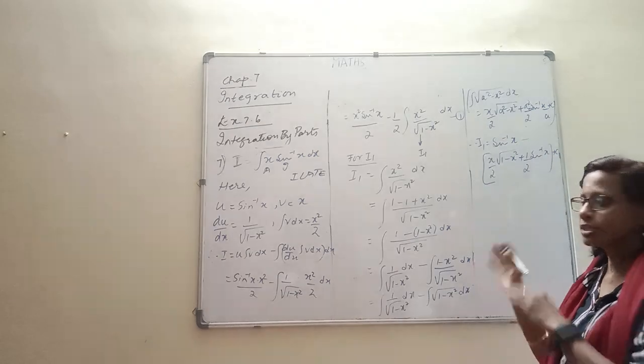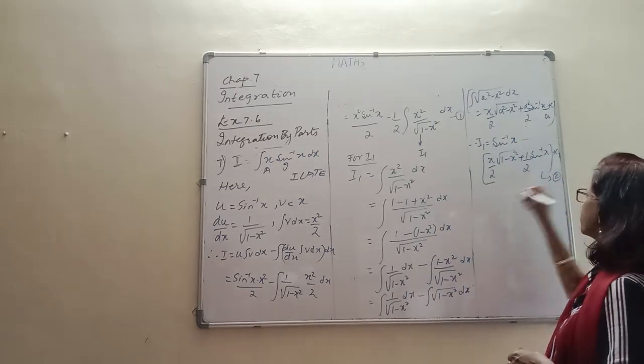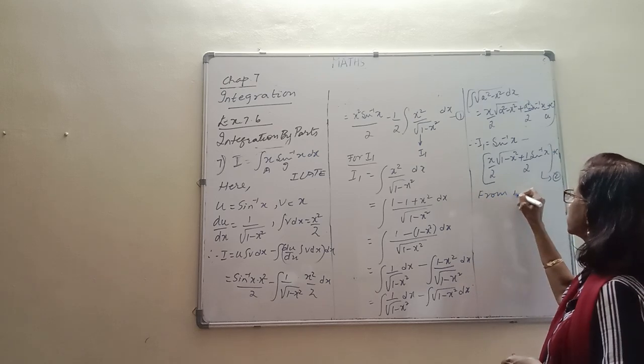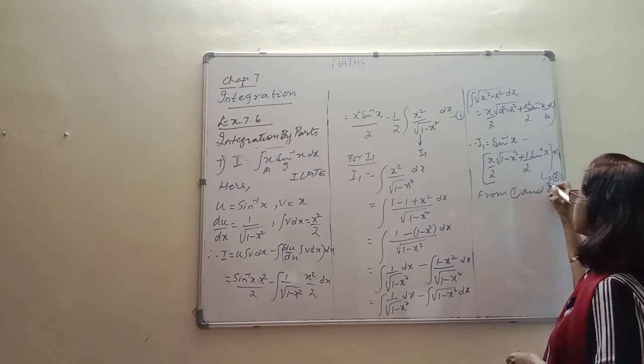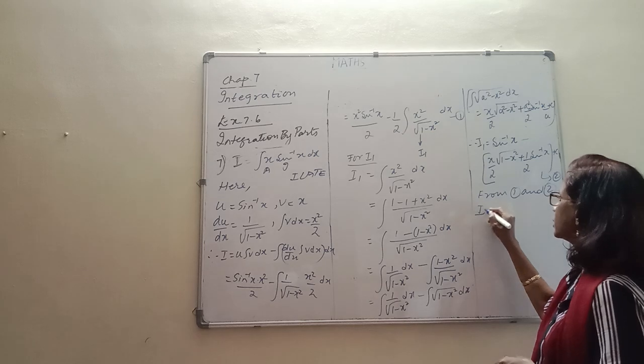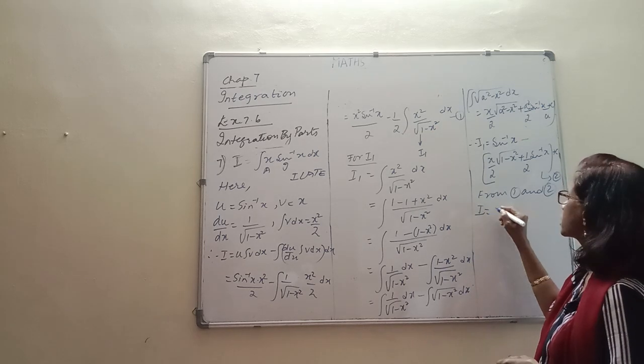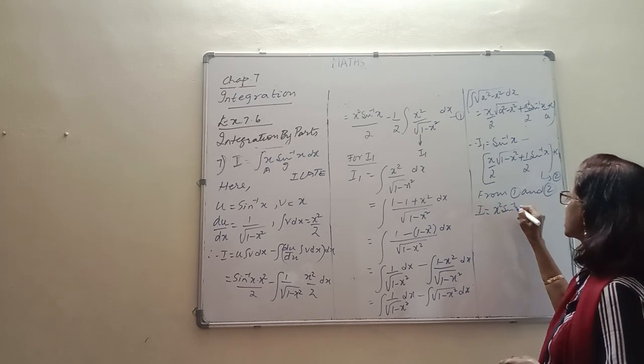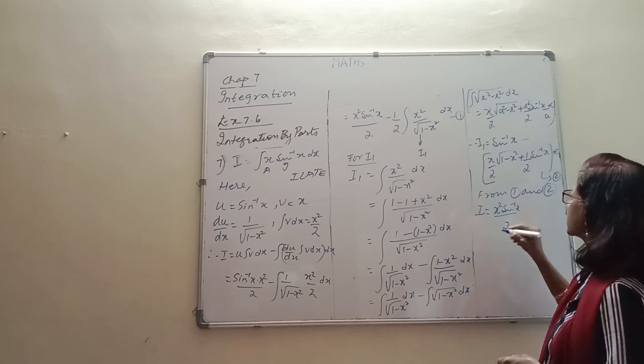That's it. So now let's plant it back, from equations 1 and 2. I is, first term, x squared sine inverse x over 2, minus half of I1.